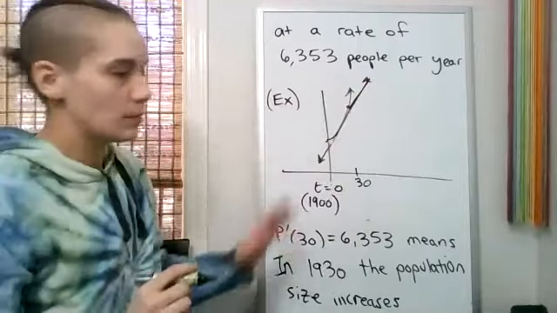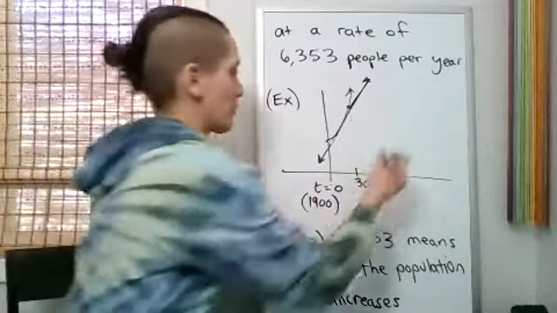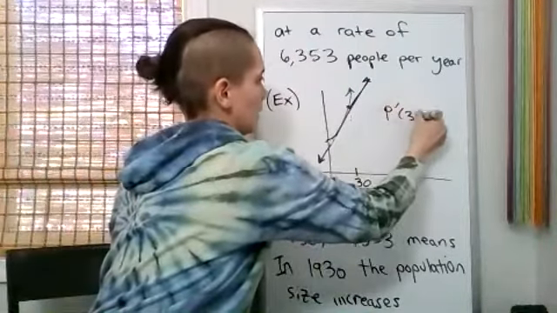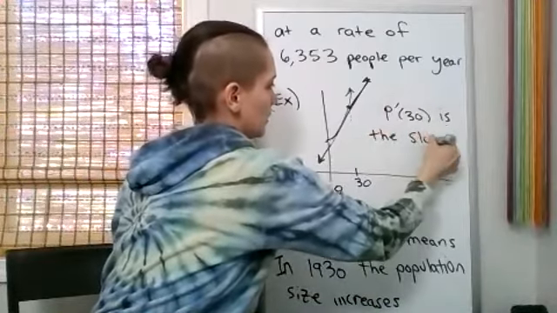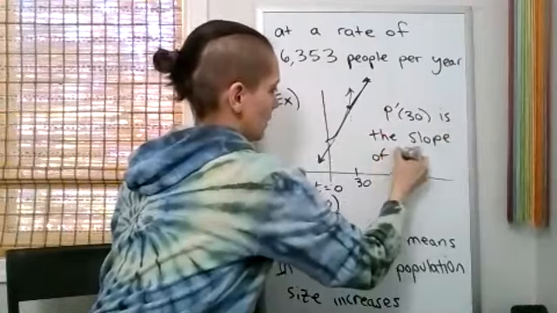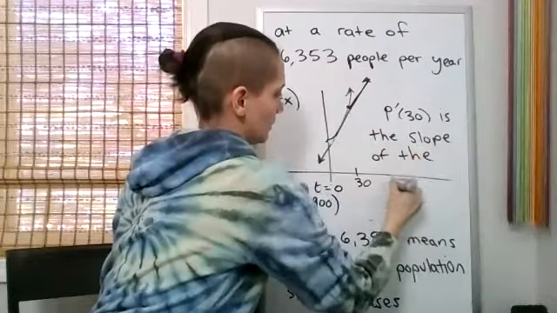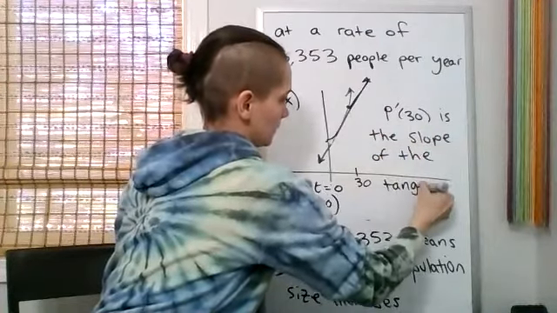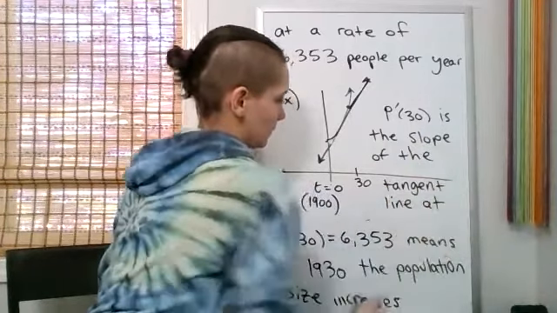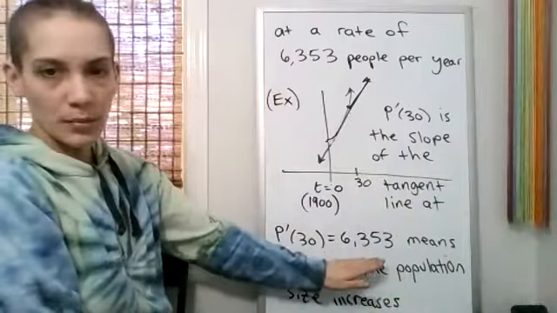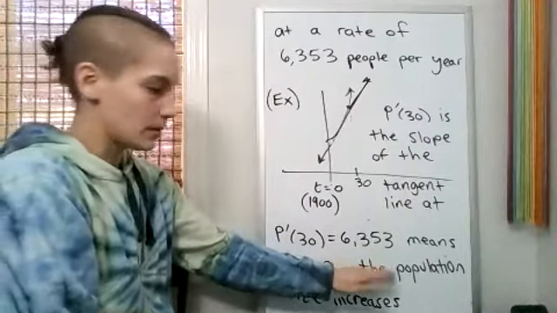And so I just labeled that P prime of 30 is the slope of the tangent. So it'd be a very steep slope of 6,353.